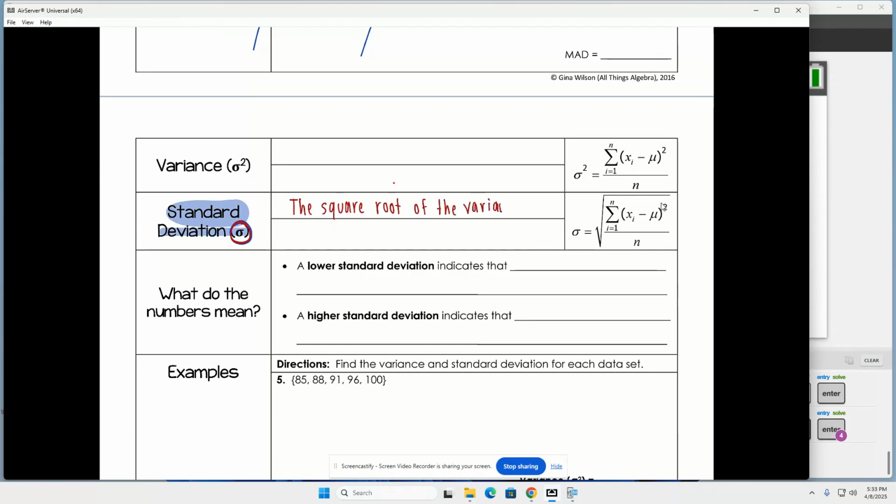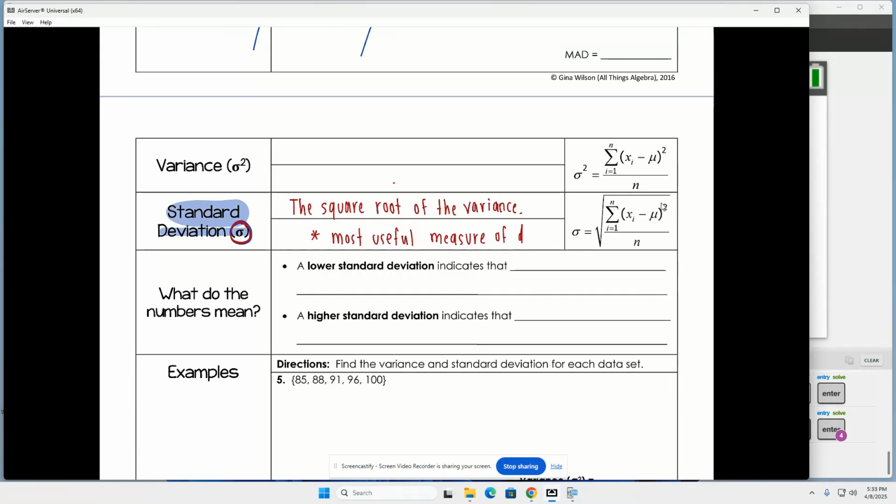So if I was using my brain, I would find the variance first, and then I would take the square root of it, and that's my standard deviation. But standard deviation is the one that we would call the most useful measure of dispersion.